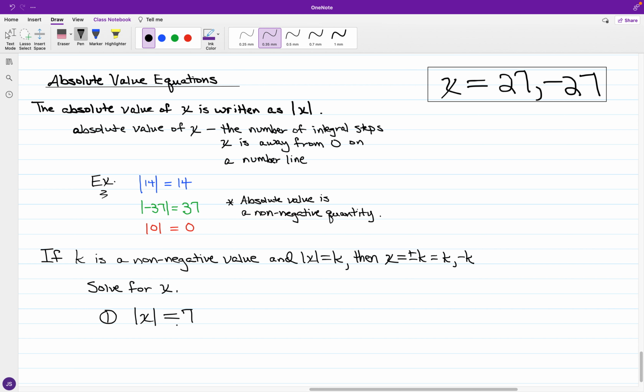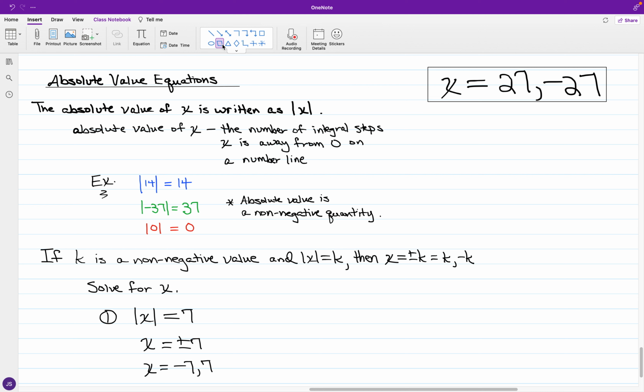Okay, so there are two numbers that will be 7 units away from 0. One is going to be 7 at the upper end, and the other value will be at the lower end where we have negative 7. And so for the solution set here, we have x equal to negative as well as positive 7. Absolute value of negative 7 is 7. Absolute value of 7 is equal to 7 itself.